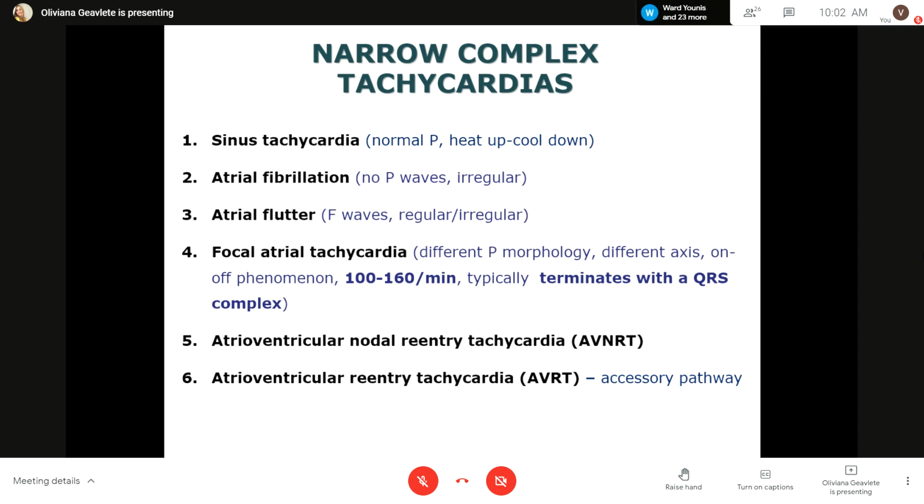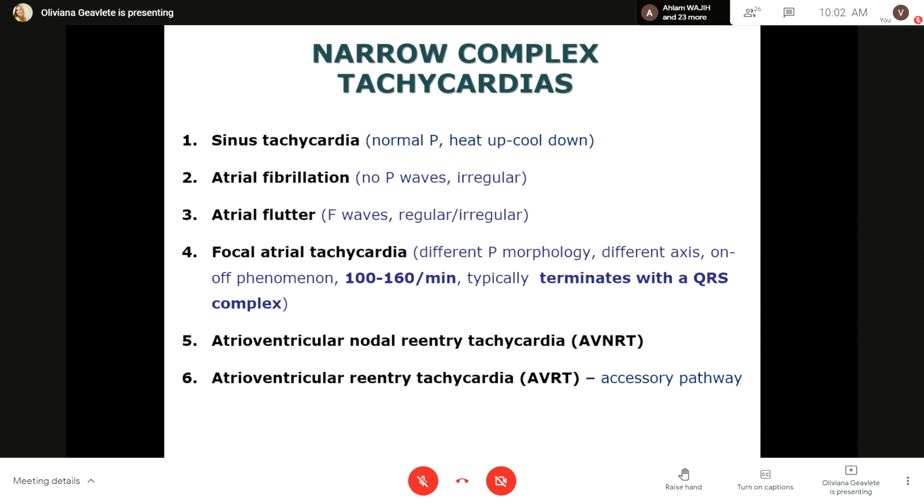This is not a course. We will just spend maybe 10-15 minutes. Sinus tachycardia, is it clear for everyone how it should look, with a normal P, with progressive heat up and cool down? This is the heat up, cool down phenomenon. Is it clear for you all?